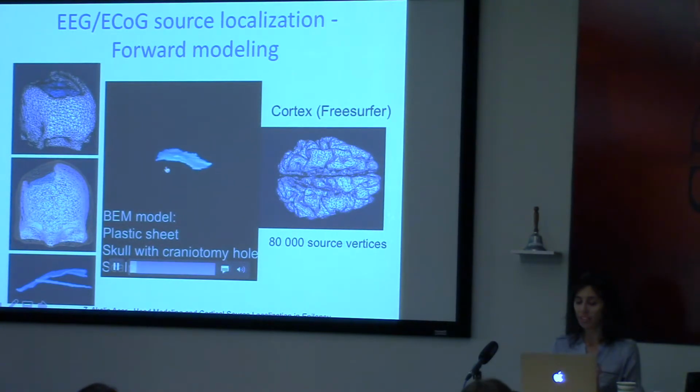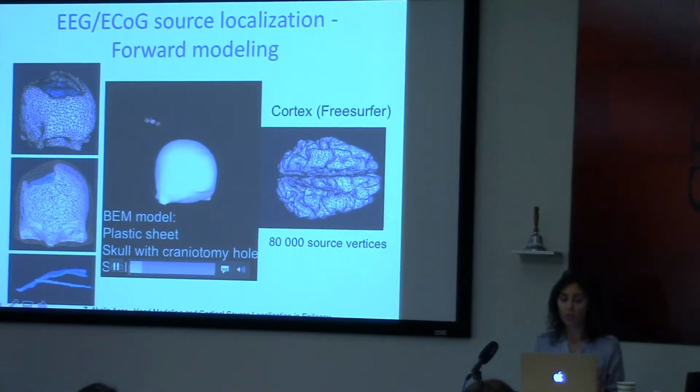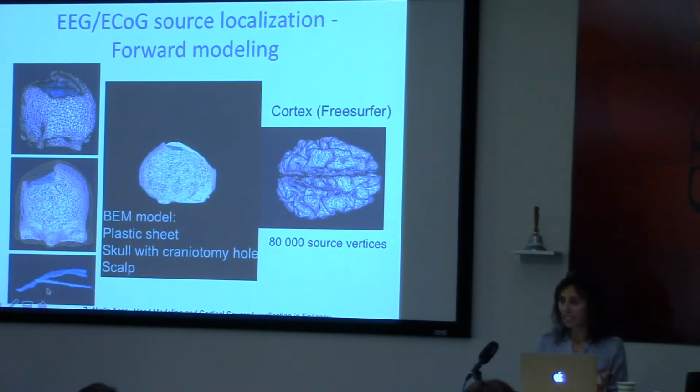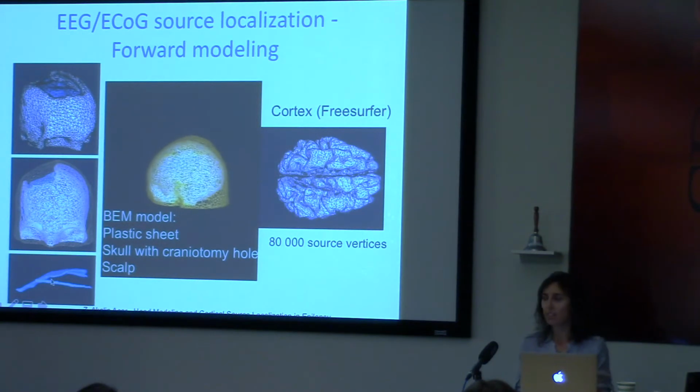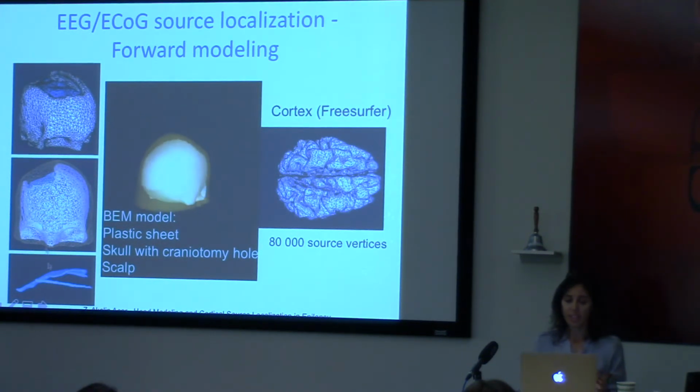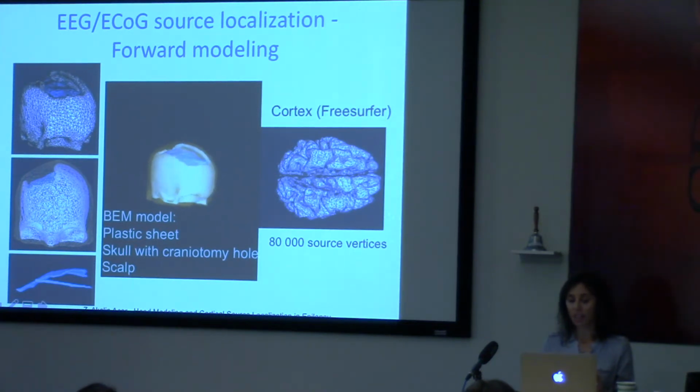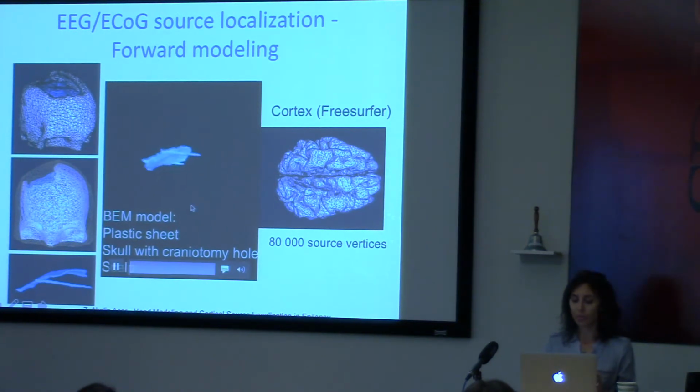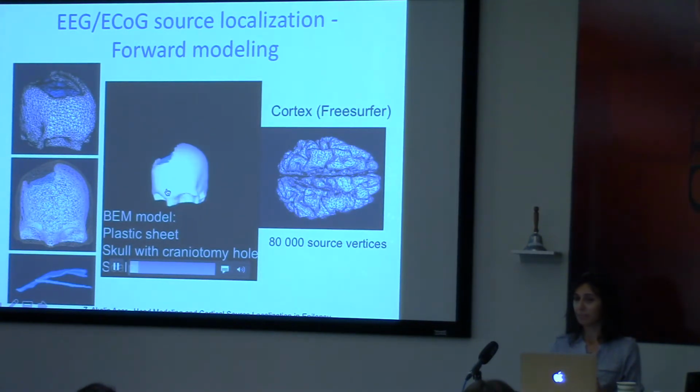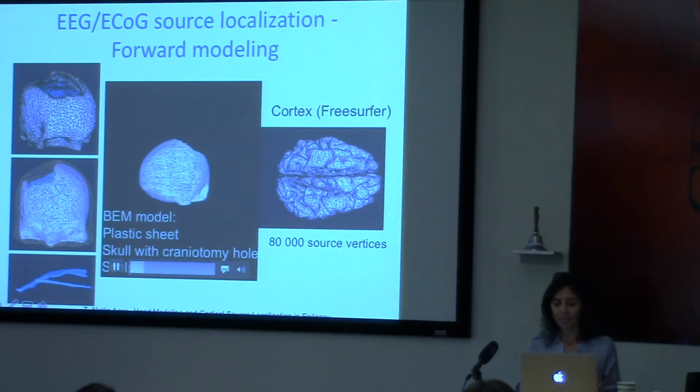So I first generated a detailed head model for this patient, also modeling the plastic layer because it doesn't have zero conductivity, so it has to be in the model, and also the hole in the skull, and then the scalp. So this shows the BEM model with the strip, the interhemispheric strip, and the ECoG grids.